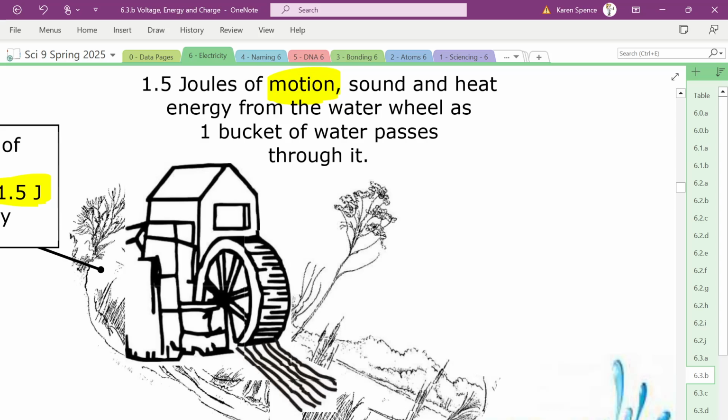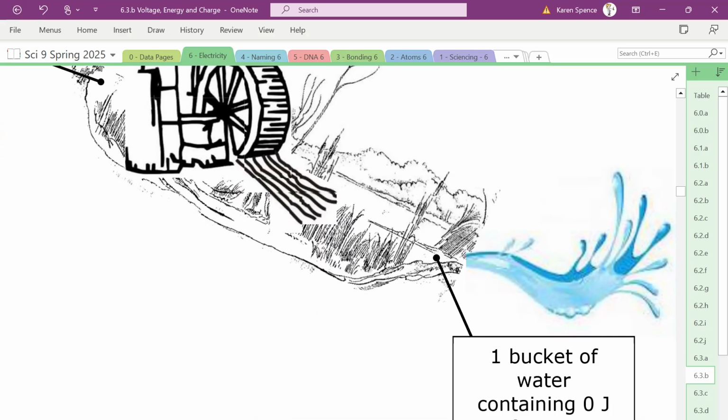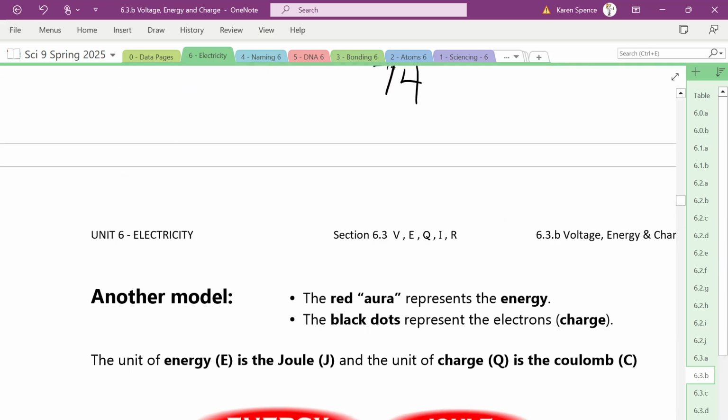That's how they used to grind wheat: that wheel would turn, and then they had a set of gears that would cause these two plates to grind against one another. One would turn and the other would turn, and so you would get motion, sound, and heat coming out of it. And it would grind wheat to make flour. By the time that water gets to the bottom, it contains 0 joules of energy. So it's a very similar process there.